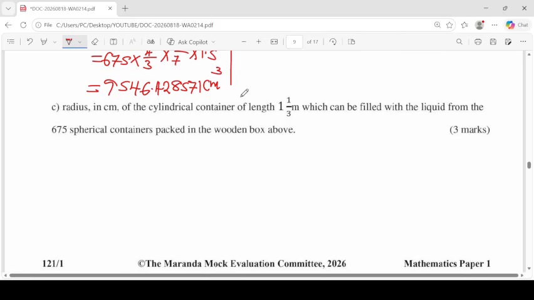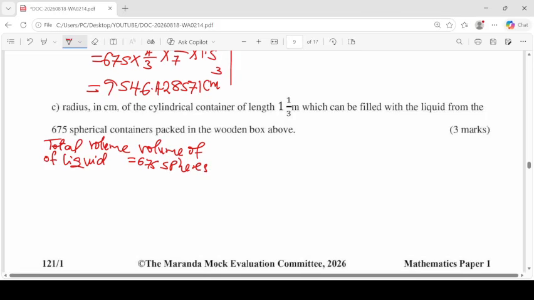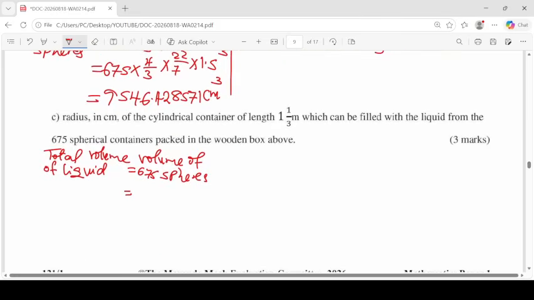So what we should know here is that the total volume of the liquid is equivalent to the volume of the 675 spheres, which in centimeters we had as 9546.428571 cubic centimeters.